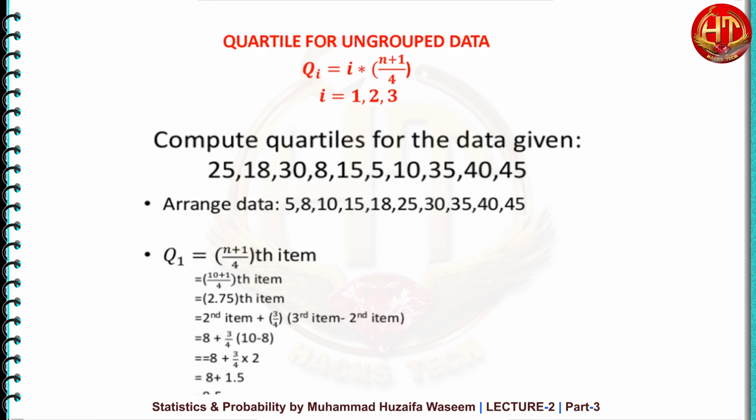Then 10 minus 8 is equal to 2, multiplied by 0.75, which is equal to 1.5. Then plus 8, which is equal to 9.5. So this is your first quartile value, which lies between 8 and 10. It's closest to the 10. Okay, so this is your first quartile.